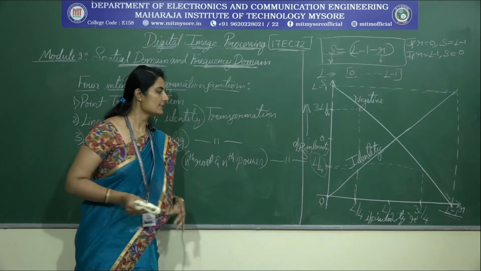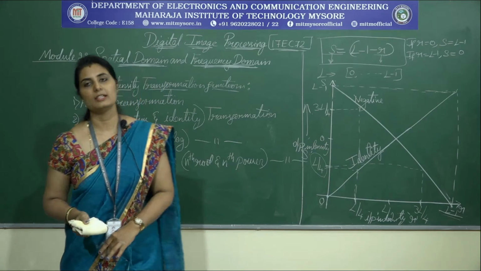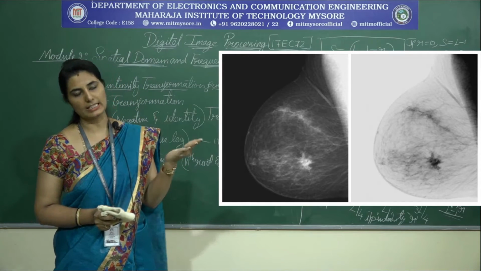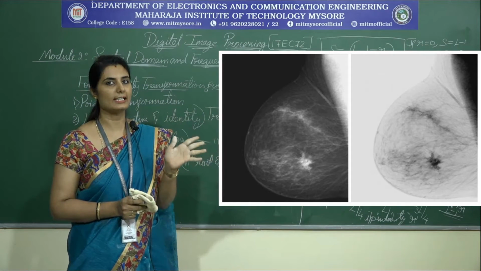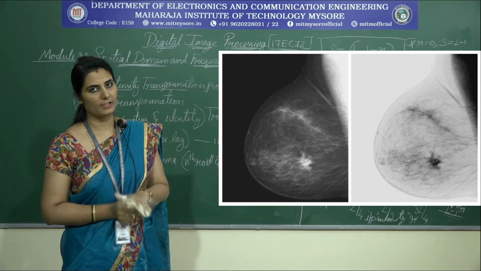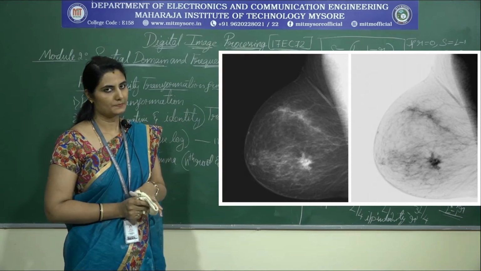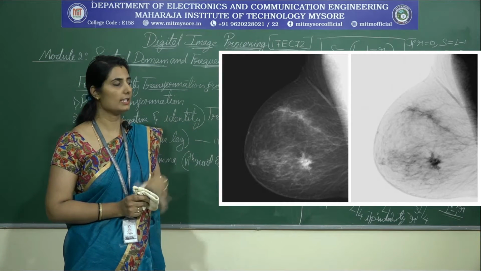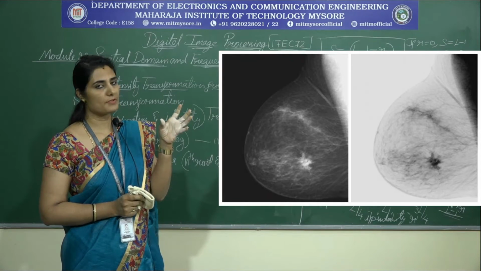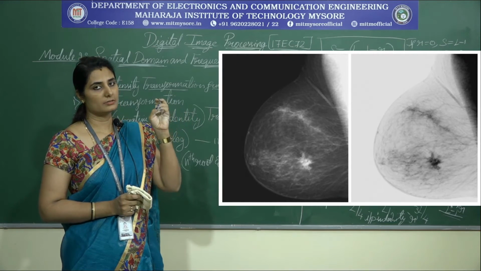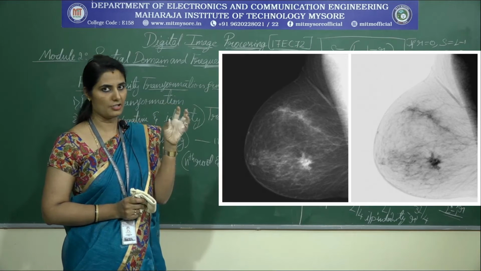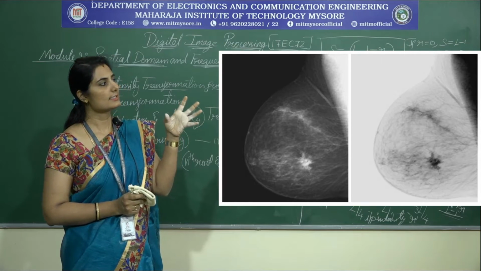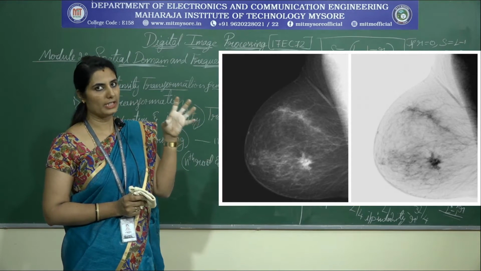These types of images are used in medical applications, and one good example of this linear transformation, especially negative transformation, is shown in this figure. Figure A represents a digital mammogram image. This is the original image, where you can observe some white gray lesions embedded in the dark region, and this is a black dominant image.